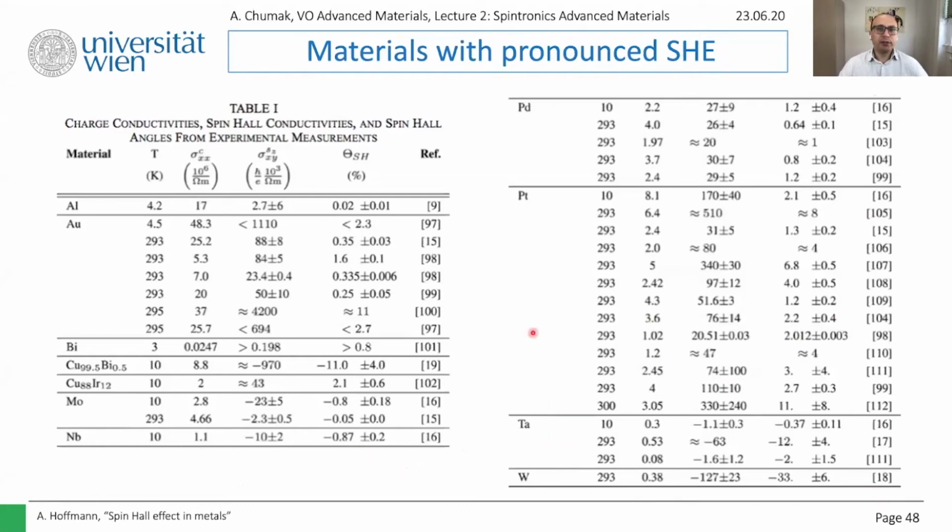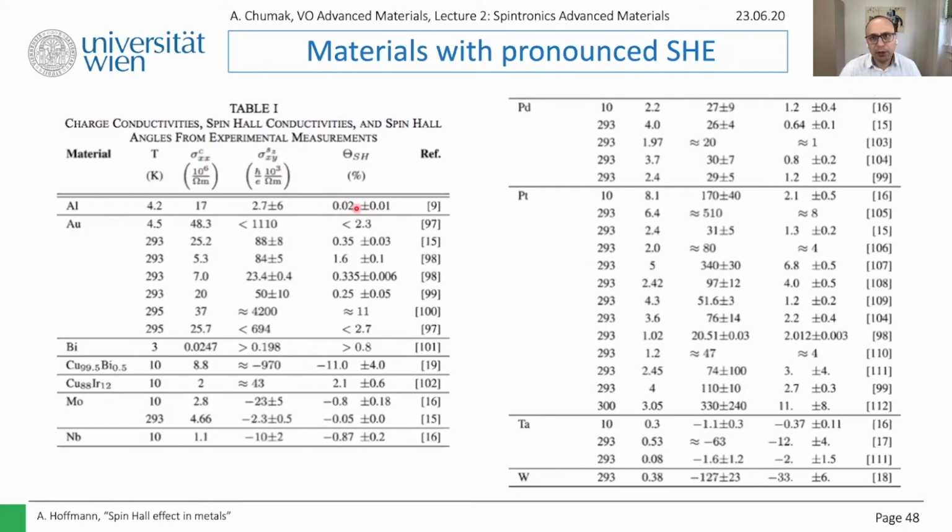Now you can see which materials were considered by the scientific community over the last years: aluminum, gold, bismuth, niobium, palladium, platinum, tantalum, and tungsten. Here the most important parameter for us is the spin Hall angle, which is a ratio of these two. So let us have a look.